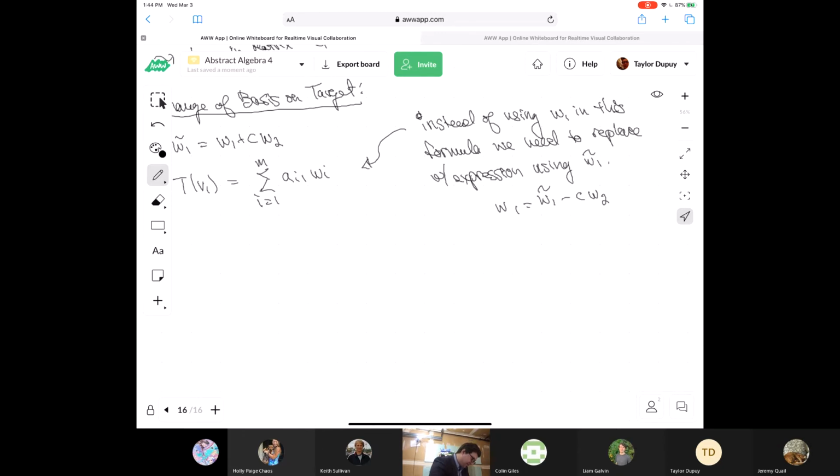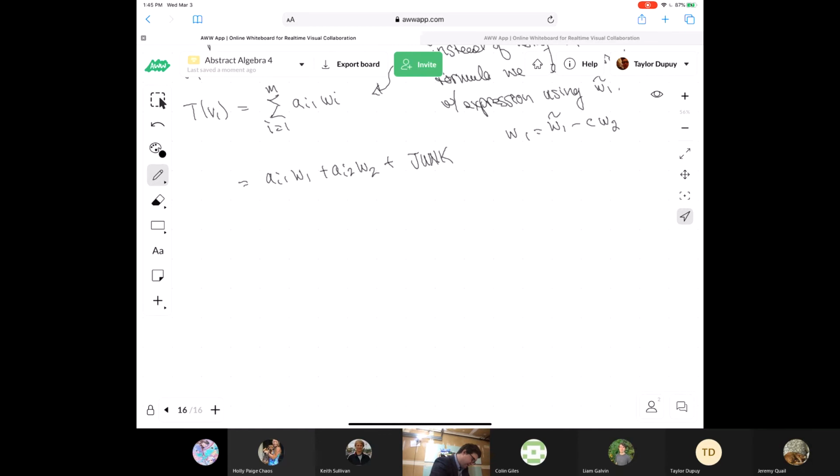So this thing looks like AI1 W1 plus AI2 W2 plus junk, the rest of the stuff. Now we're going to replace W1. So this is AI1 (W1 tilde minus C W2) plus AI2 W2.